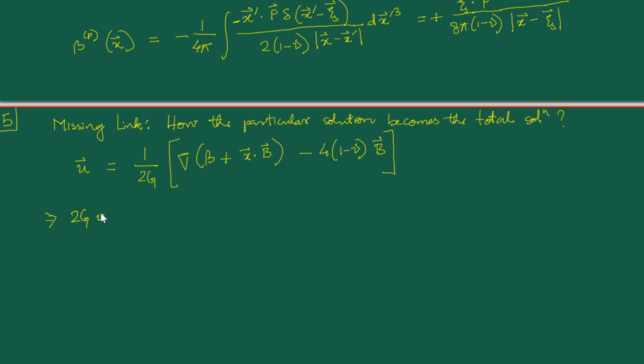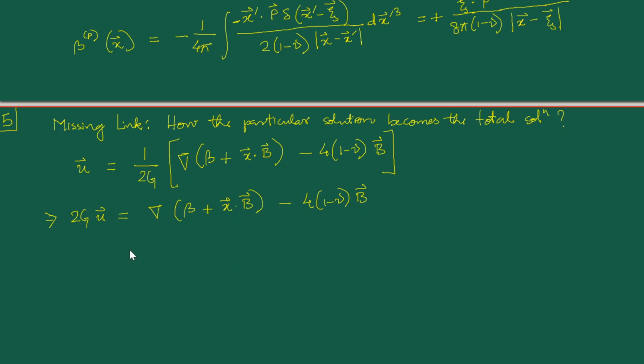So it's just a convenience. Sorry, I made the mistake again. So this should be just beta plus x dot b minus 4 into 1 minus nu b vector.